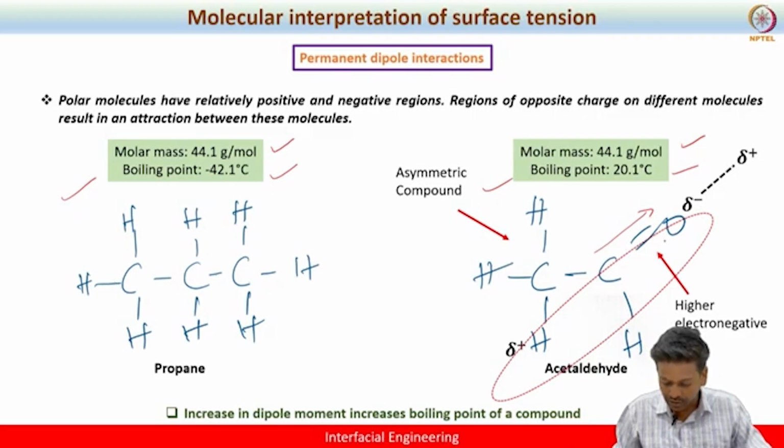So this end will gain negative charge, and the other end will gain the net positive charge. Okay, due to which you can expect electrostatic attraction between the molecules. So this is also one of the van der Waals forces, which we will cover in module 4.